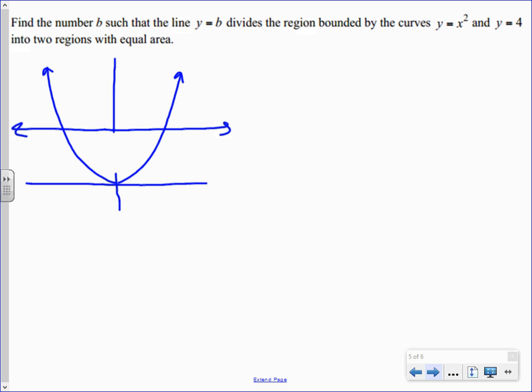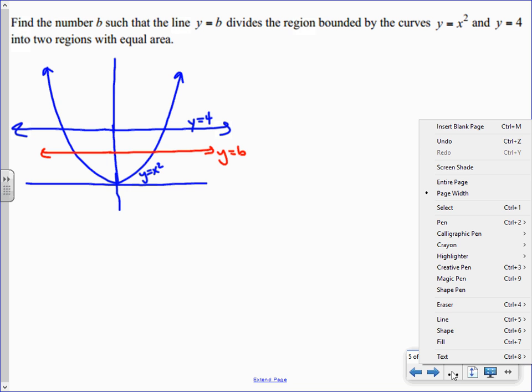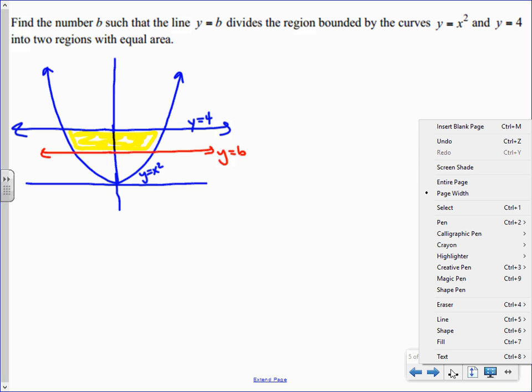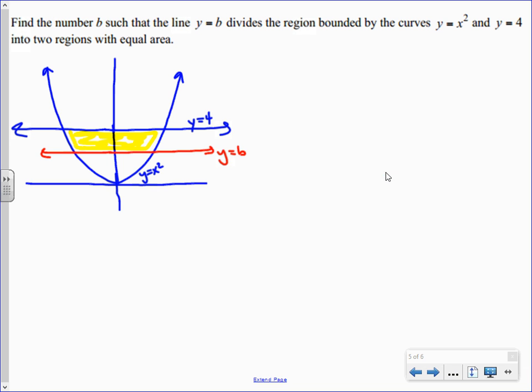I want the line y equals b to where this area right here is the same exact area as this area right here.